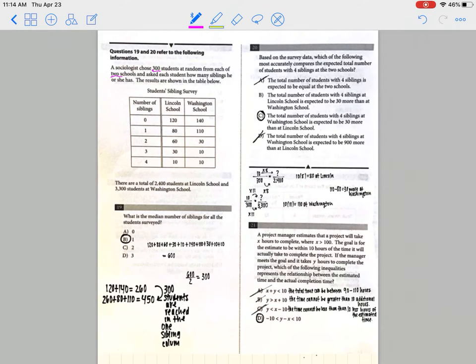So this person knew that there was already 260 people that had no siblings, and there's another 190 that have one sibling, which takes you to 450. So you're already beyond the 300th student at that point. So that's why you know the answer is 1, because the 300th student would have had the one sibling.